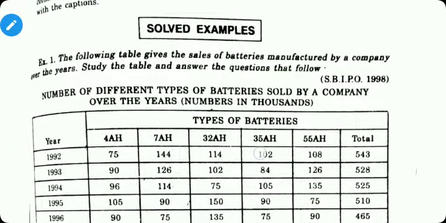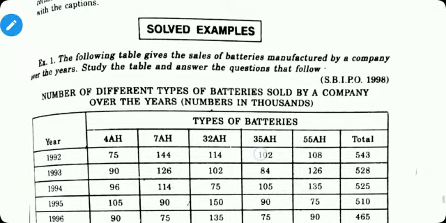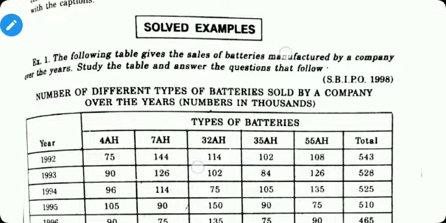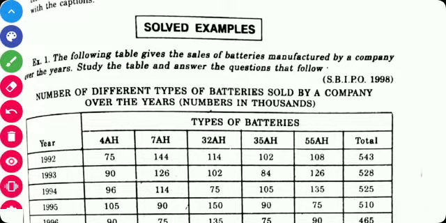The following table gives the sales of batteries manufactured by a company over the years. Study the table and answer the questions that follow. So this is the number of different types of batteries sold by a company over the years, and these numbers are in thousands.